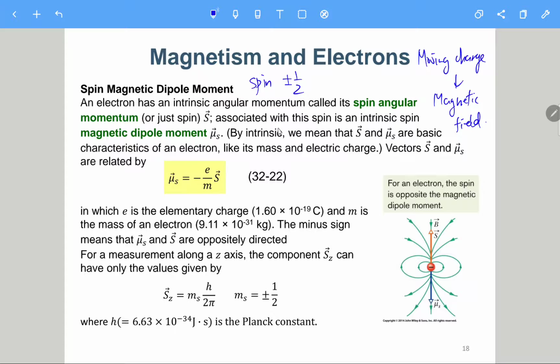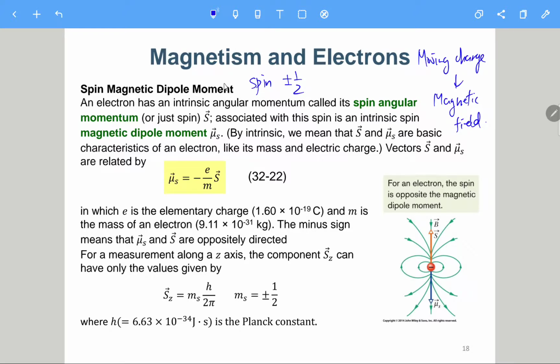Yeah, so we just skip through all the theory and mathematics, and it turns out to be like that. It tells you that as long as an electron is spinning, of course there will be a spin angular momentum, or just spin, call it capital S. So this is the S. Associated with this intrinsic spin is a magnetic dipole moment.